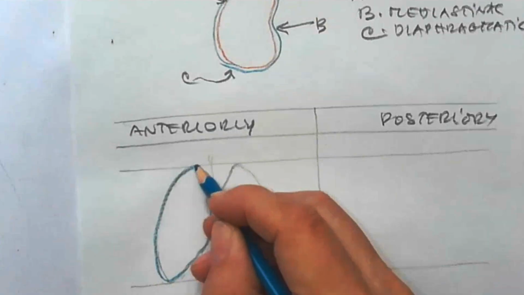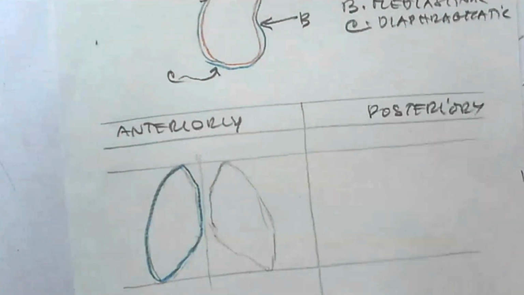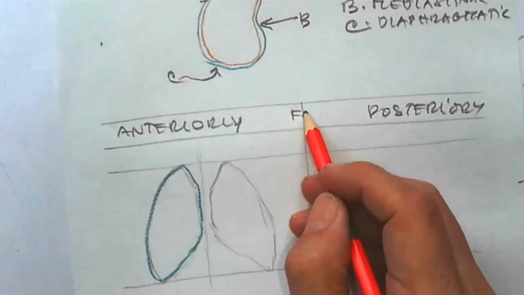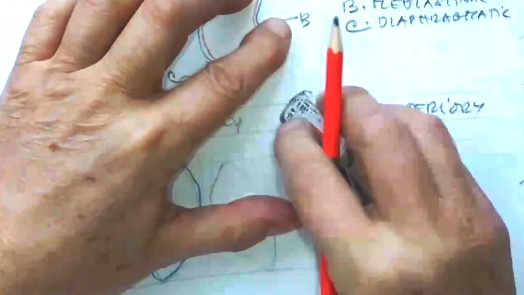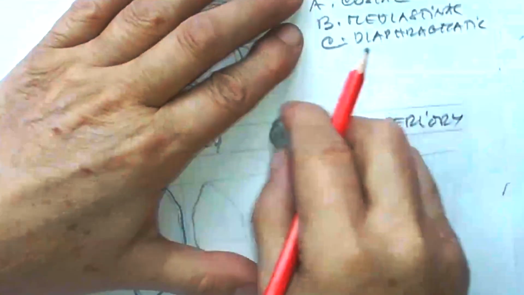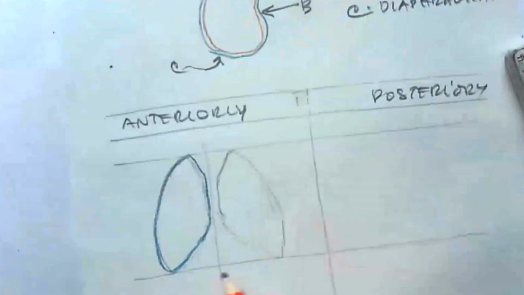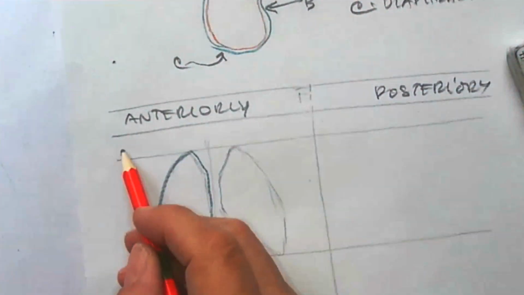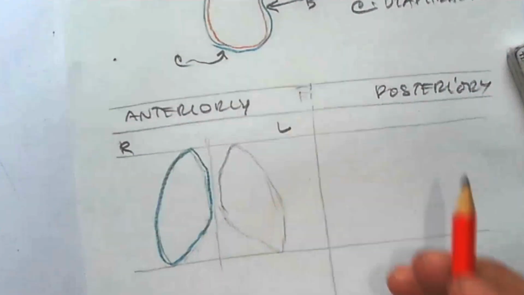This is on the right side. We are looking from the front, one side only. Anteriorly, no need to add anything, because this is the right one, and that is the left one.